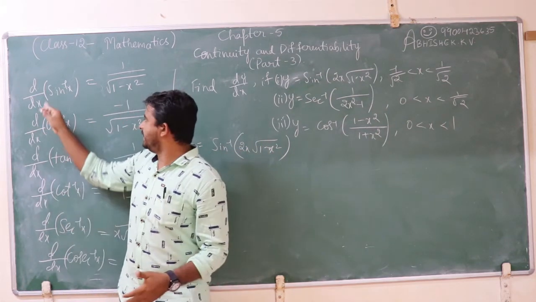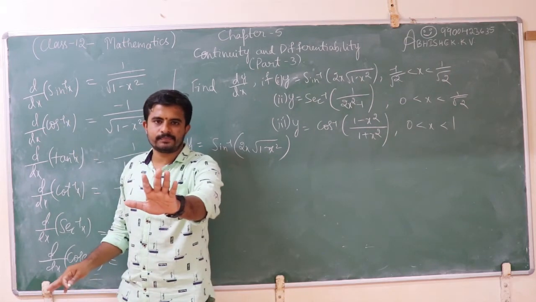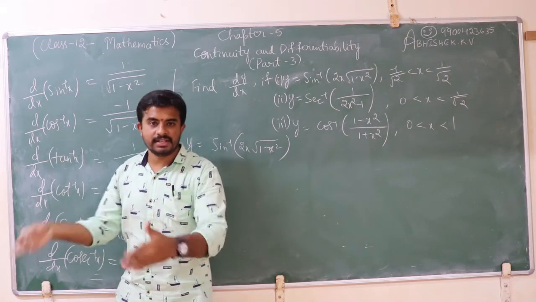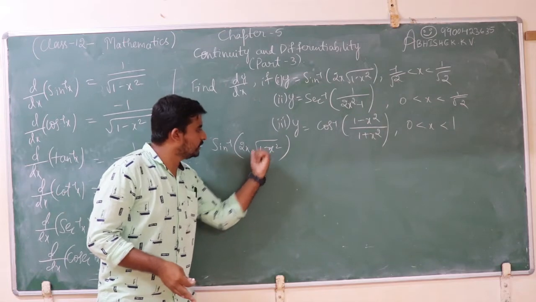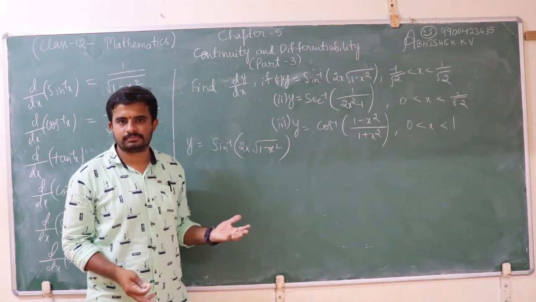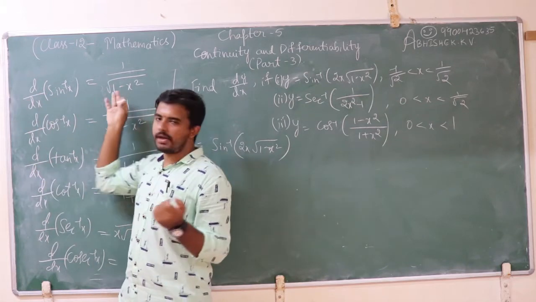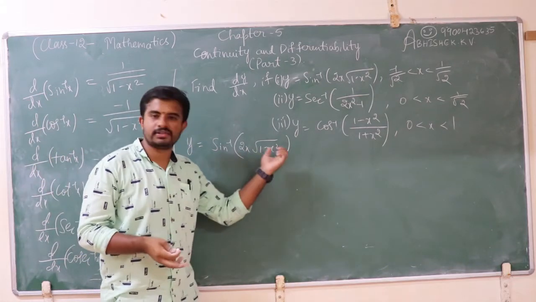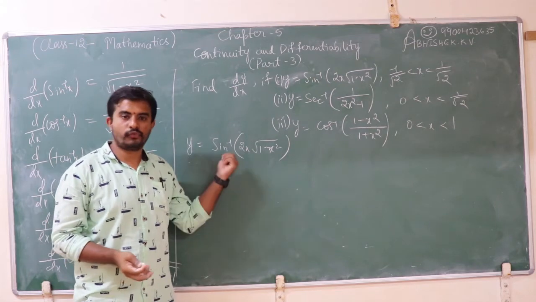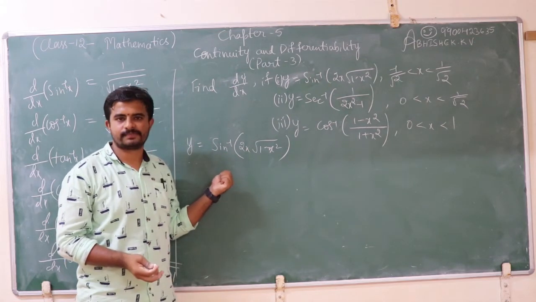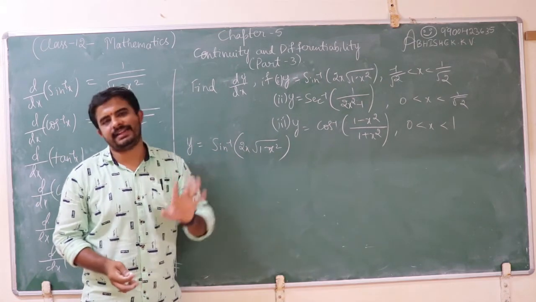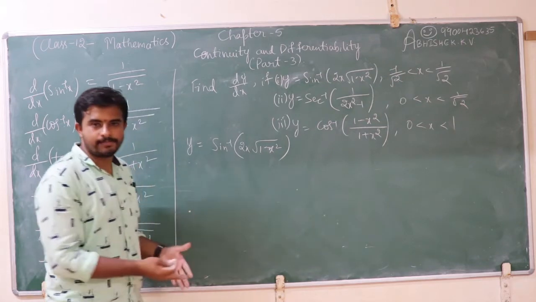We know the derivative of sin inverse x, which is 1 divided by square root of 1 minus x square. But here, instead of x, we have 2x into square root of 1 minus x square. It is not possible to apply this formula directly. So first we need to simplify this, then we need to apply the derivative. How can we simplify that?